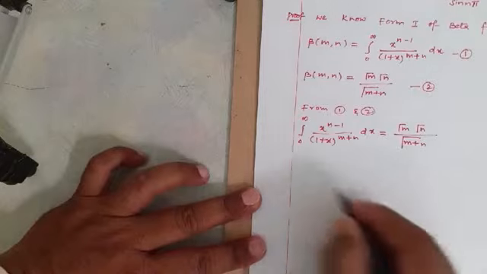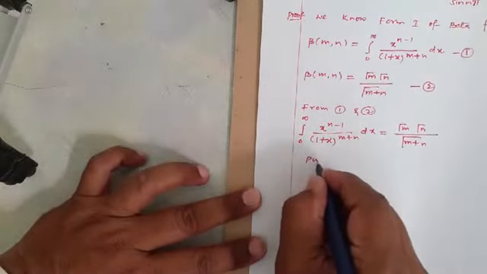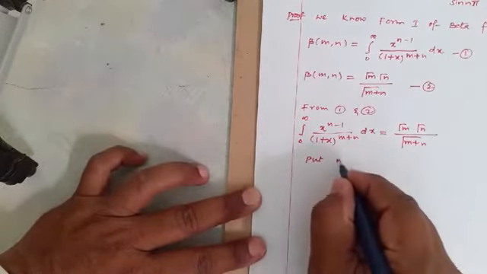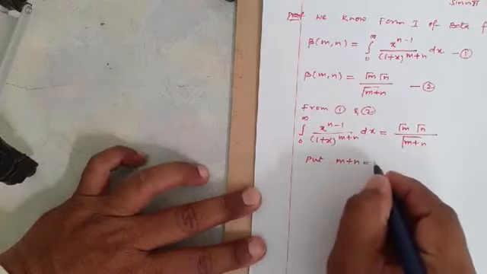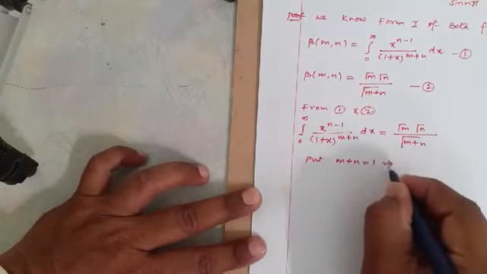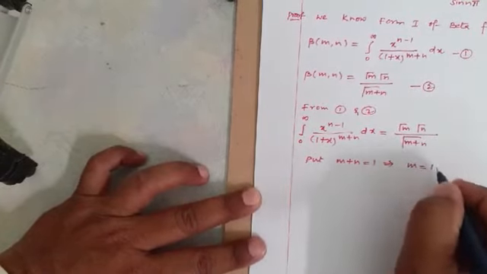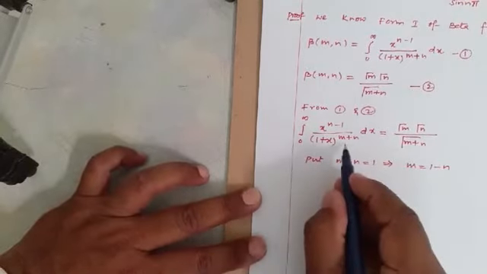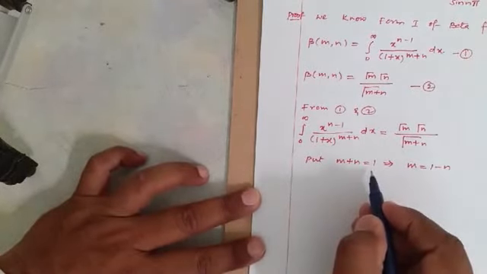After writing this, we put m plus n is equal to 1. This implies m is equal to 1 minus n. This m plus n I am taking as 1.